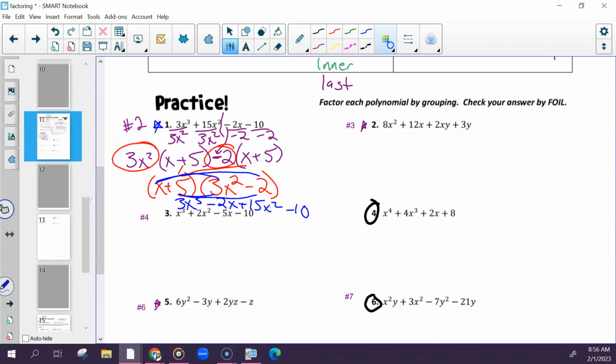And this is negative 10. So it's not in the right order, but all the things are there. The 3x to the third minus 2x plus 15x squared minus 10. The order doesn't matter as long as they're all there. So that did work. Questions so far?